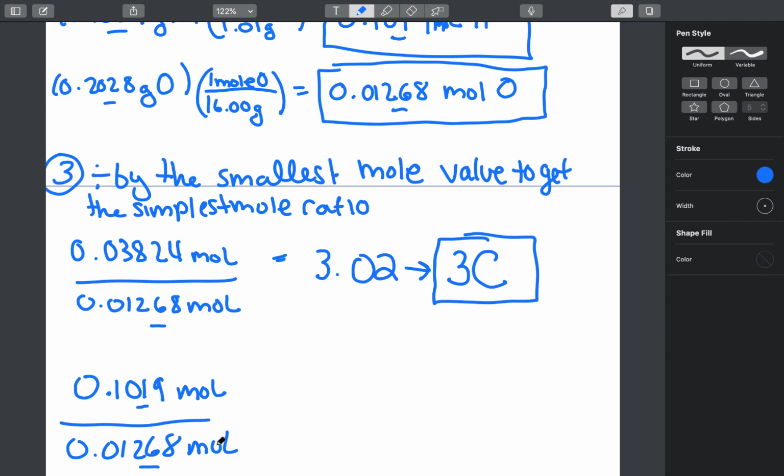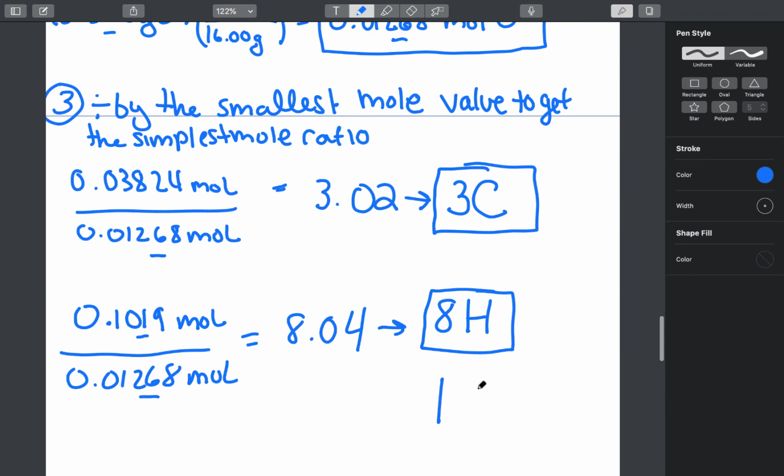So 0.1019 divided by 0.01268 gives you 8.04. And you round this down because this is closer to 8, so you get 8 hydrogens. And then oxygen, when you divide 0.01268 by 0.01268, you get 1 oxygen, of course.